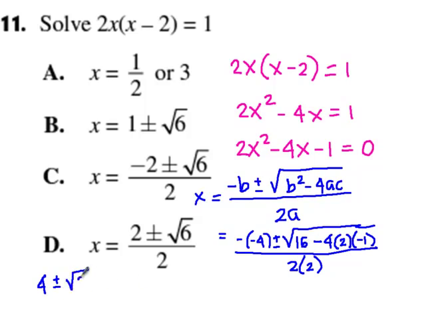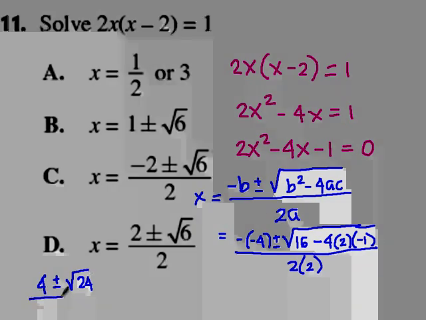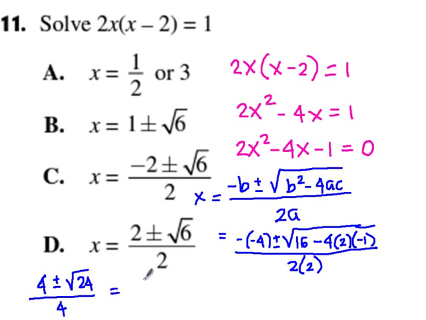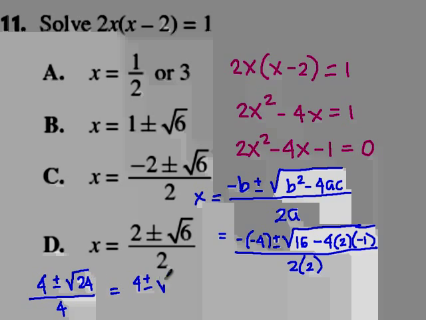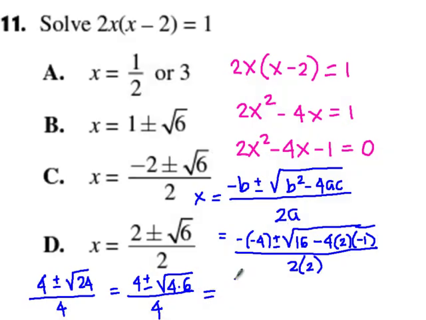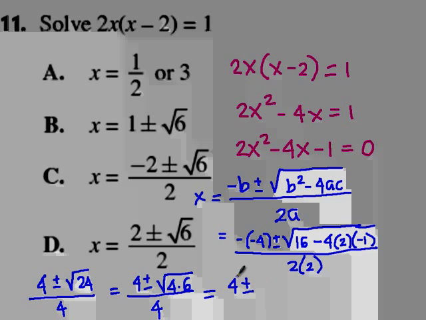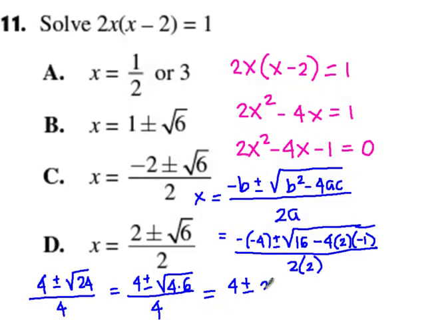So we have here 24 over 4, which we can still further simplify as 4 plus or minus square root of 24 is square root of 4 times 6 over 4 equals 4 plus or minus square root of 4 is 2 times square root of 6 divided by 4.